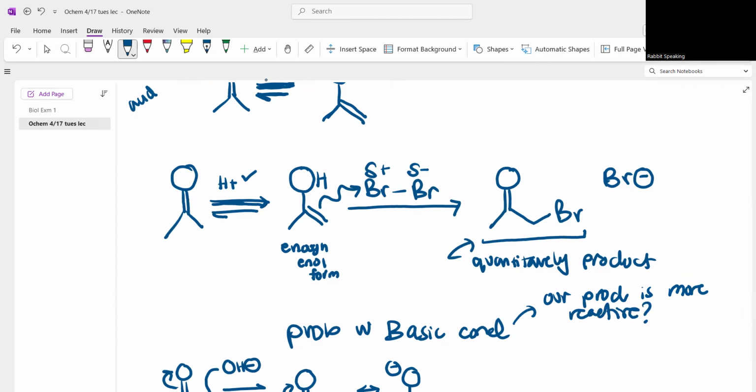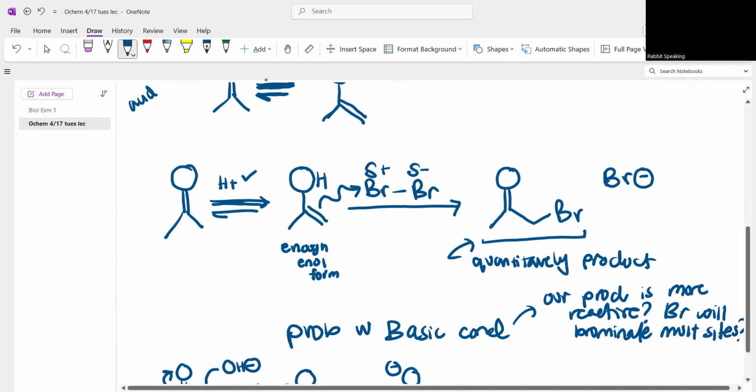I think what he was trying to say is our Br will brominate multiple sites. I don't know, but this is a question I'll ask my professor. What a big question mark, so we can come back to this.